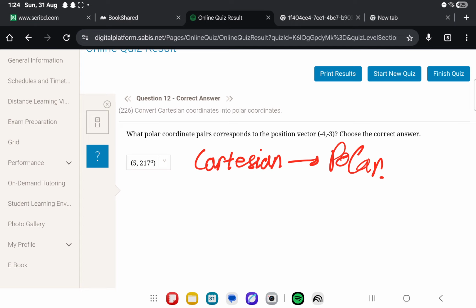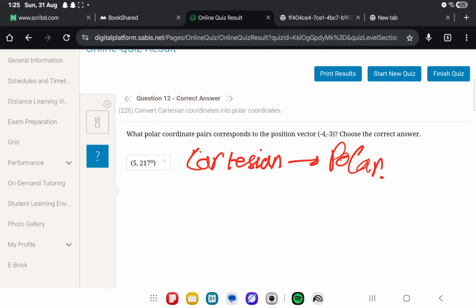Wait, I think I flipped it. Yes, I flipped it. Here, I'm supposed to convert to polar, it's not REC, it's Pol. So ignore what I told you before: press shift plus, which will give you Pol.